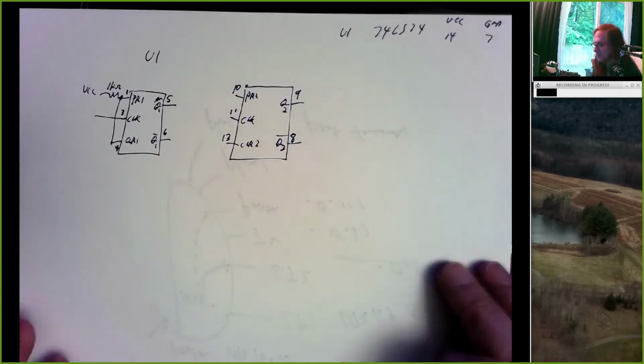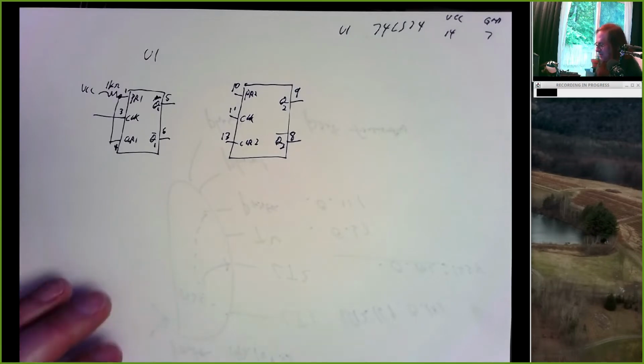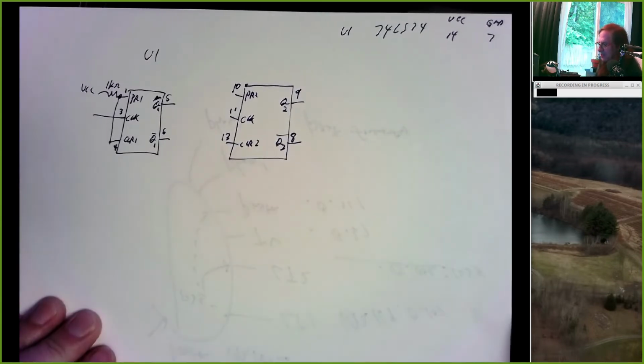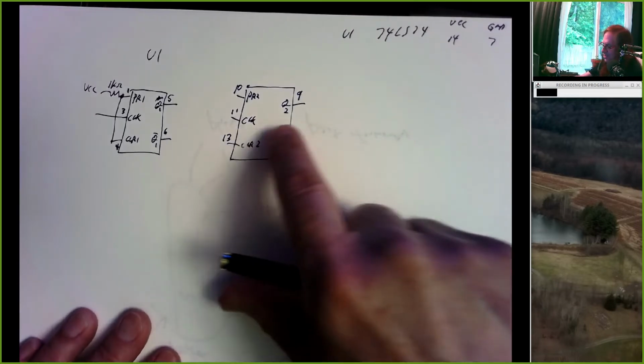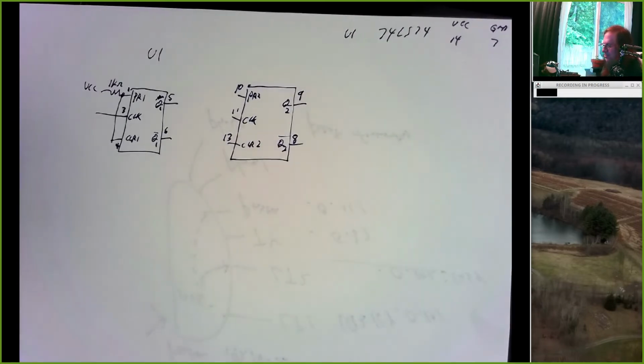So there's the information, but before we actually wire this, let me suggest how you could rewrite it. The picture for a D flip-flop usually shows the clock on the left in the middle, and Q and Q bar on the top and the bottom, but we're free to rearrange those in whatever way makes sense.